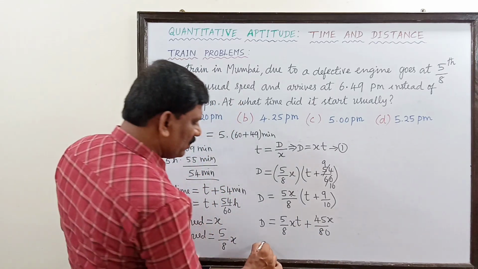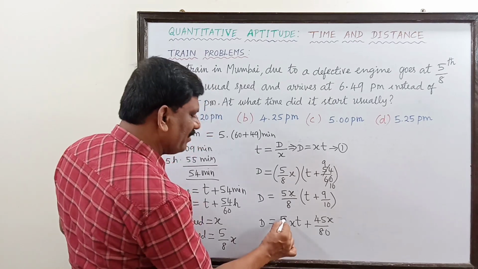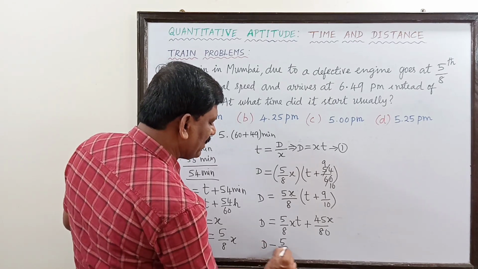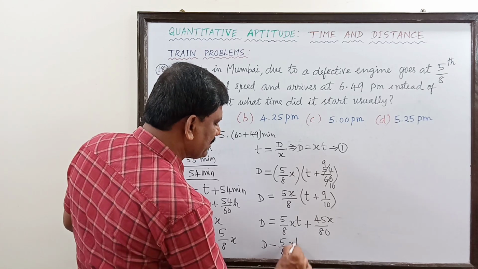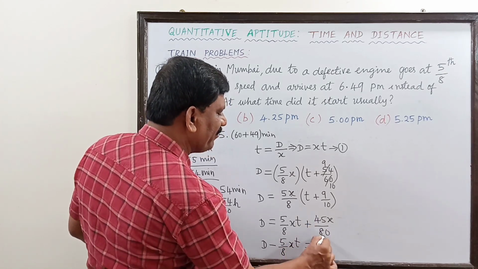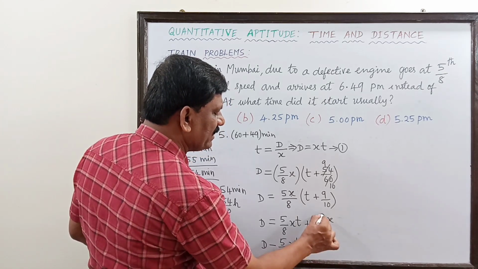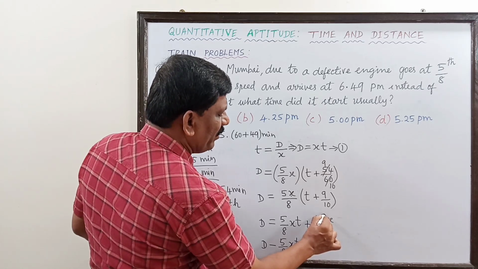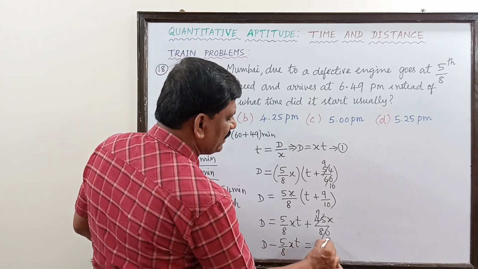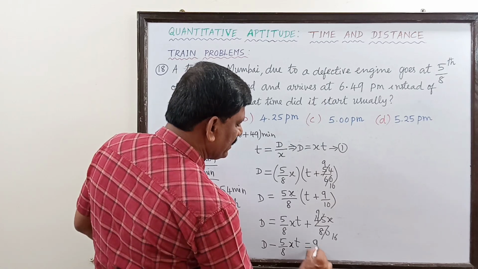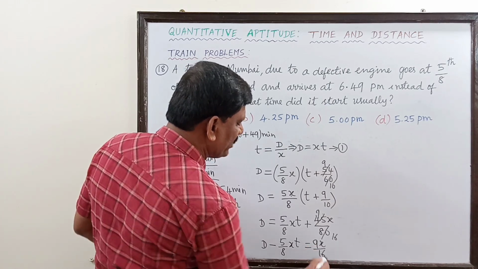Now d minus 5 by 8 into xt is equal to 45x by 80. This is divisible by 5: 9 fives are 45, 16 fives are 80. So this is equal to 9x by 16.